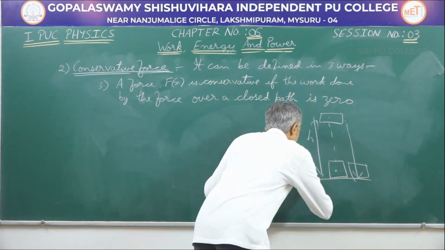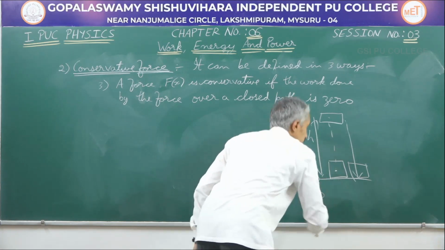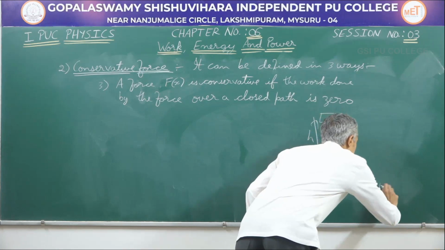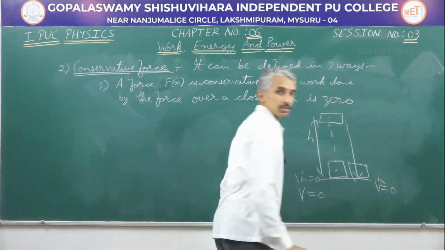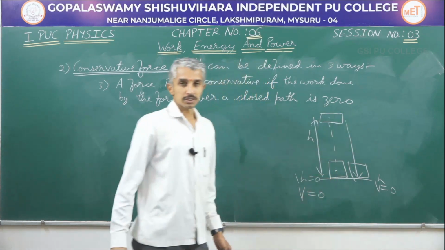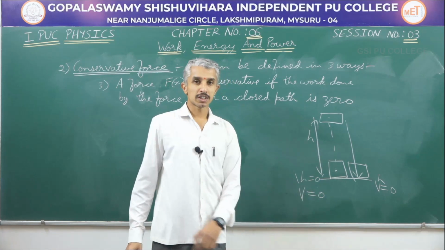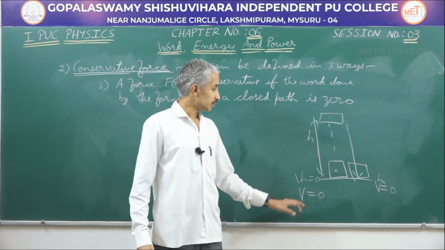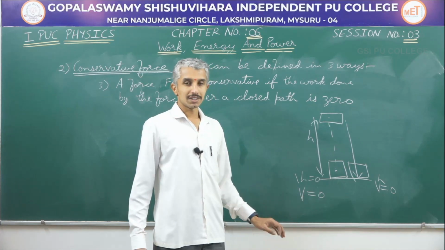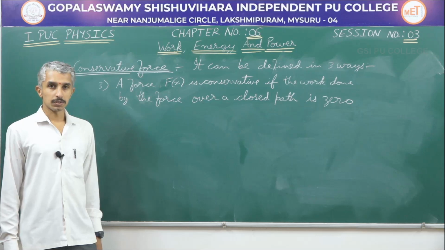So initially the height h was 0 and the potential energy is 0. When you have raised, and if the object comes back again the potential energy is 0. So this is a closed path coming to the same position again. So when it has come back to the same position, change in its potential energy is going to be 0, which means the work done in coming back to the same position is also going to be 0. So these are the three definitions for conservative force.